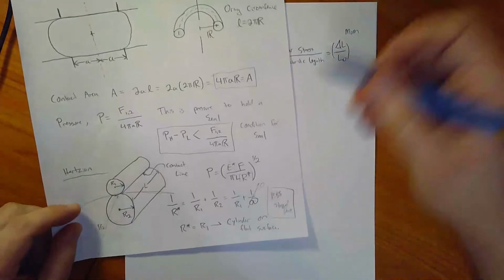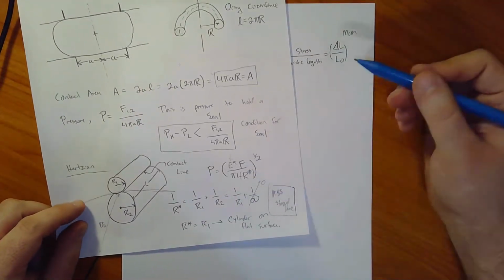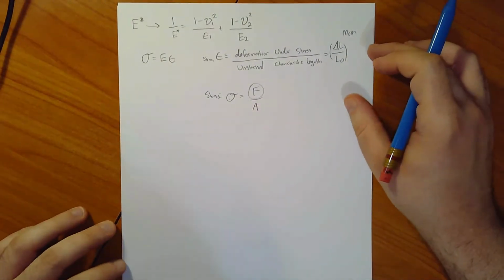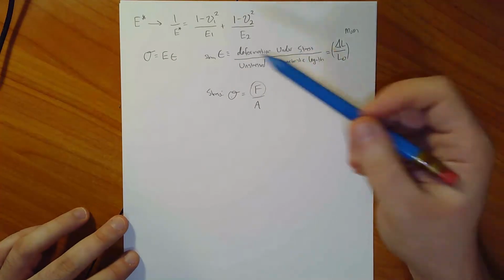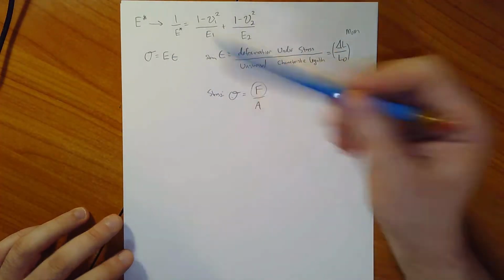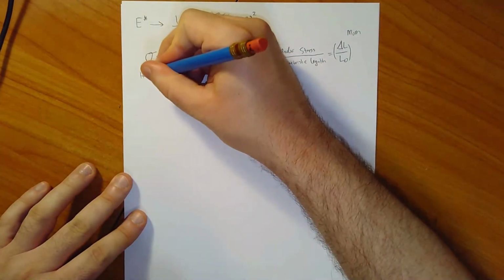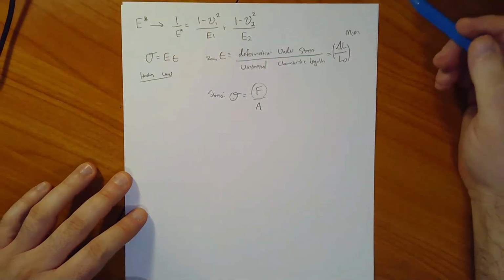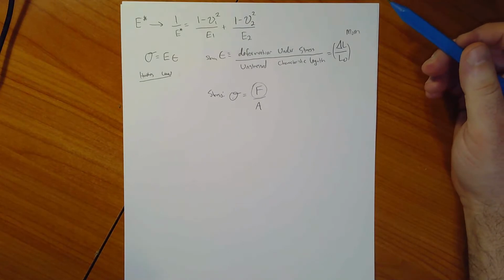If I go all the way back here, this is effectively the force that's causing the compression that we're using to facilitate the seal. So this is pretty promising, that I should be able to use Hooke's law to get to a useful result for my Hertzian contact pressure.